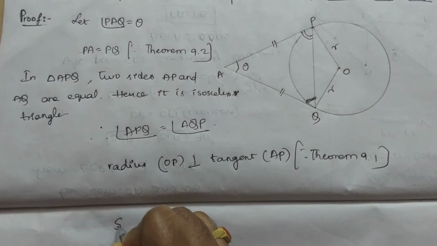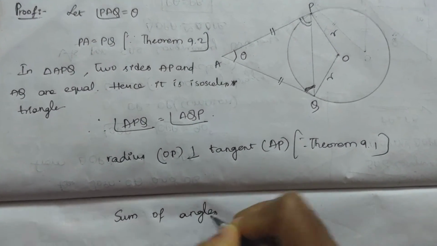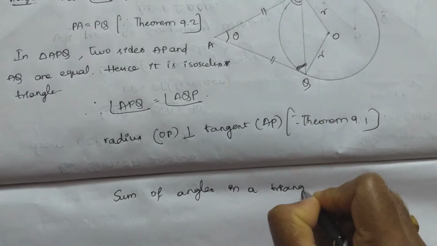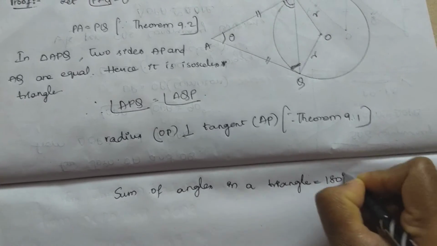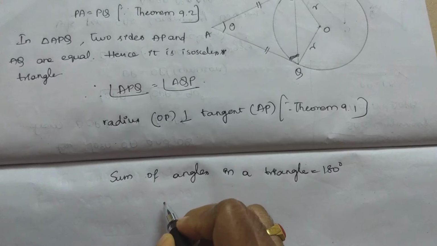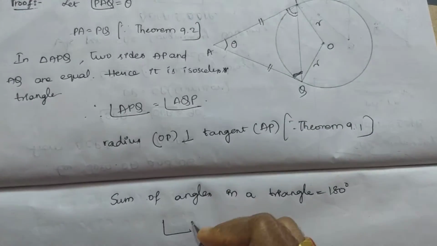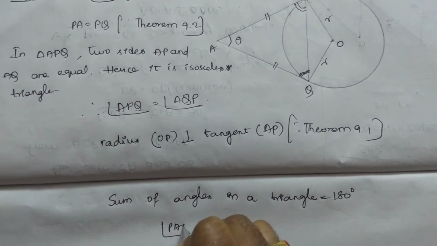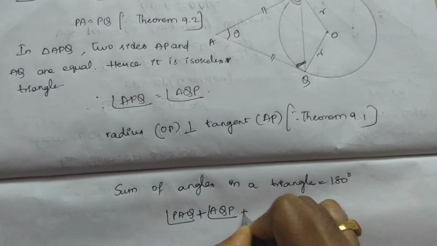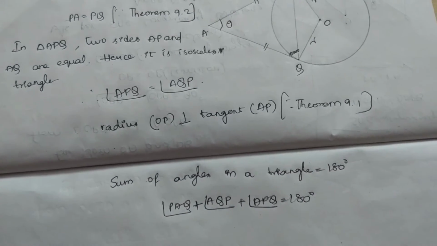So write the same thing here. Angle PAQ plus angle AQP plus angle APQ equals 180 degrees.